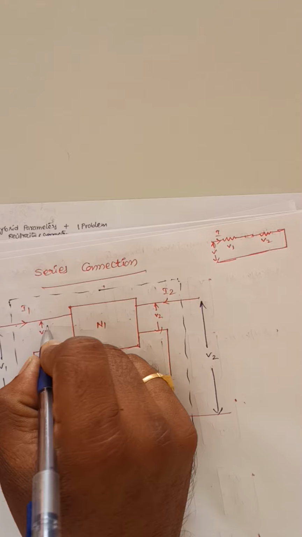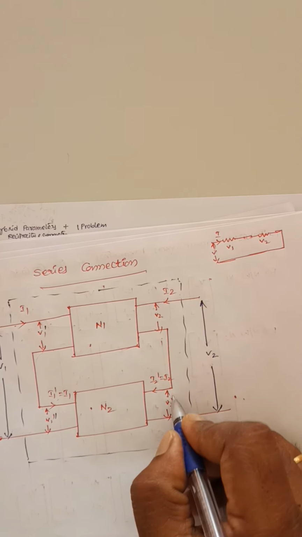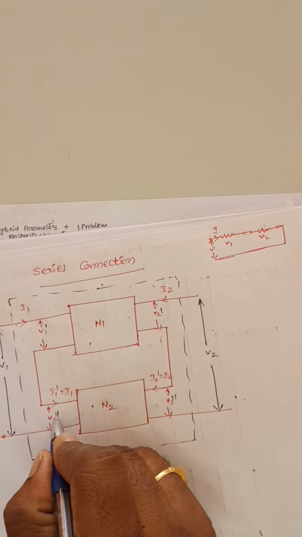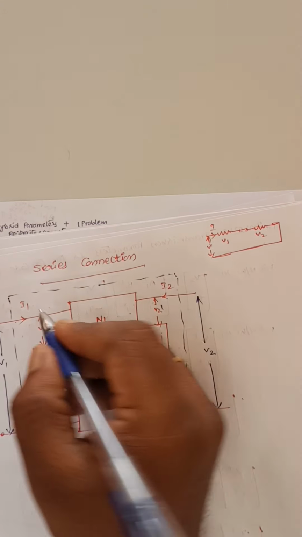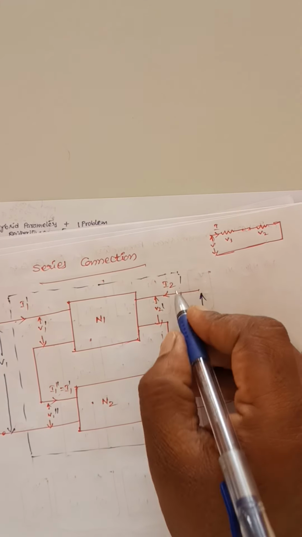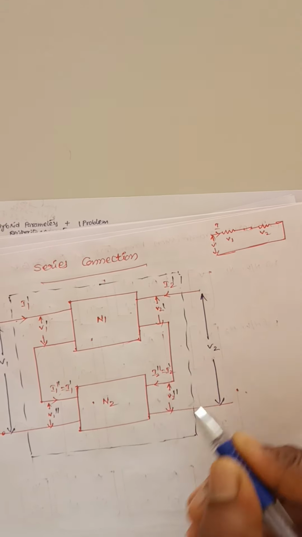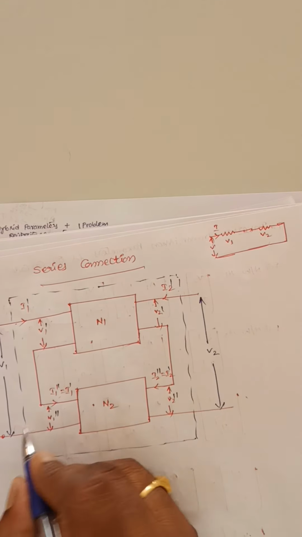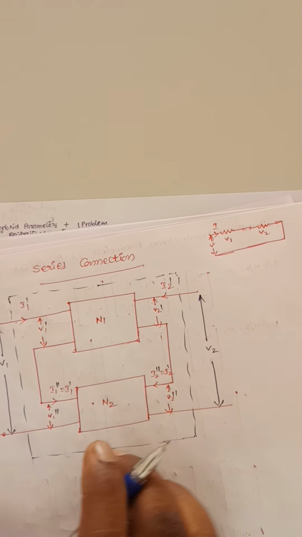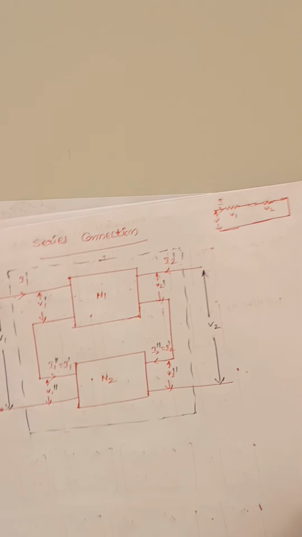Let us take it as V1 dash, V1 double dash, V2 dash, V2 double dash, and I1 dash, I1 double dash, I2 dash, I2 double dash, which is equal to I2, for easier understanding.